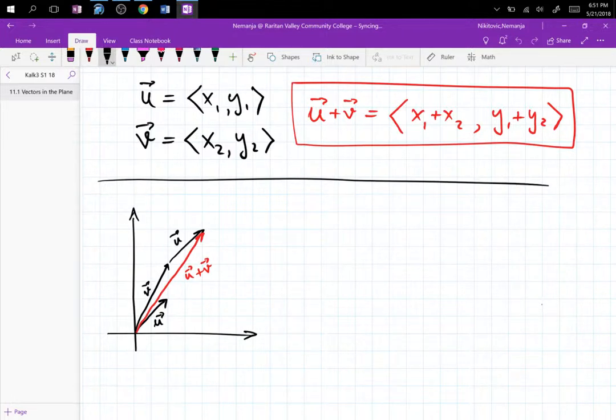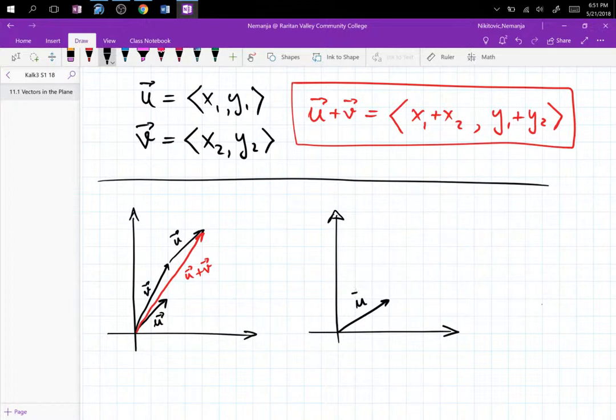So if I have a vector in space, let's say that's vector u. If I put another one over there, then clearly u plus u is 2u. So that is going to be a scaling factor. So I can scale vectors.